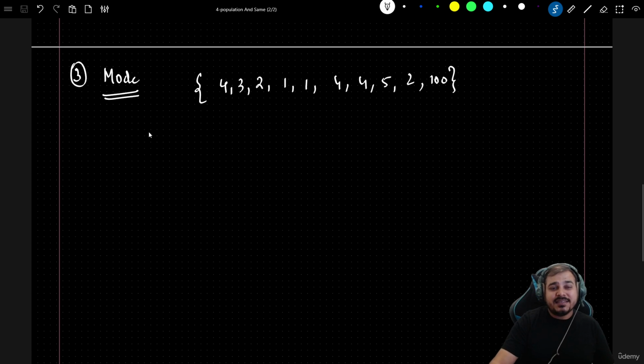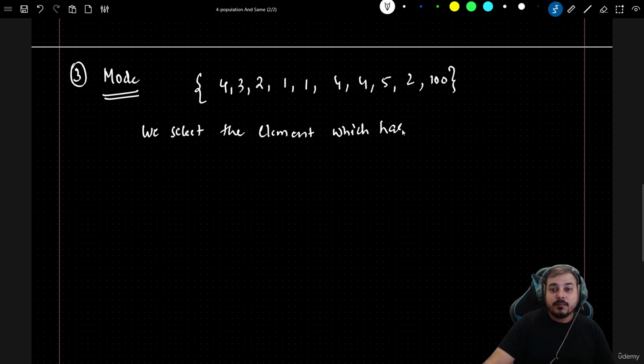So in the mode case, the process is that we select the element which has the maximum frequency, right?